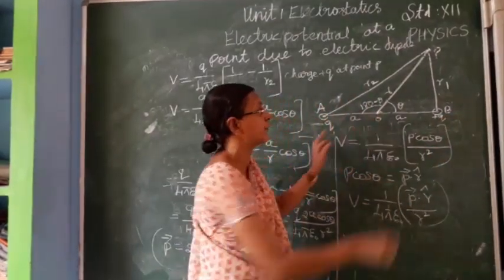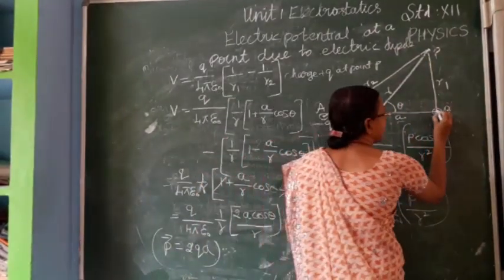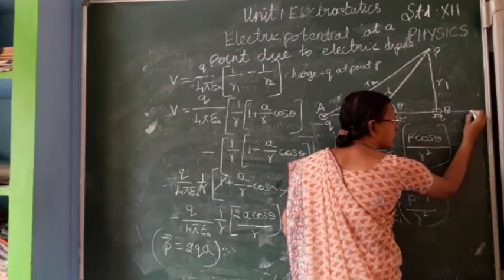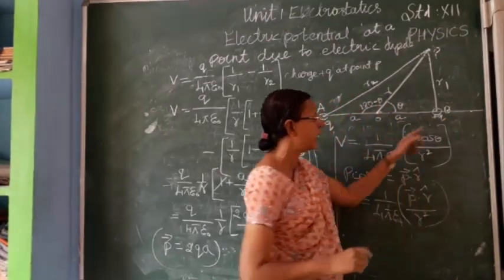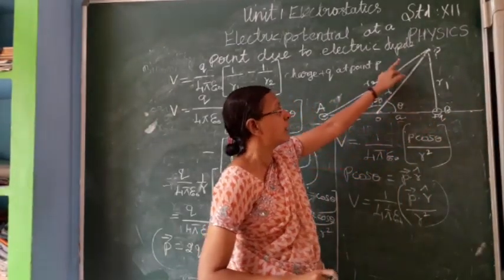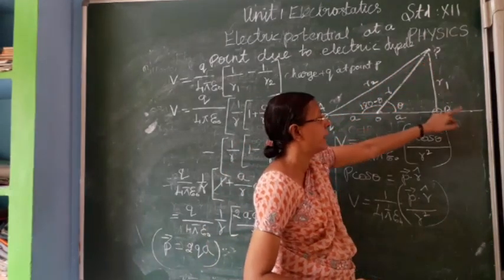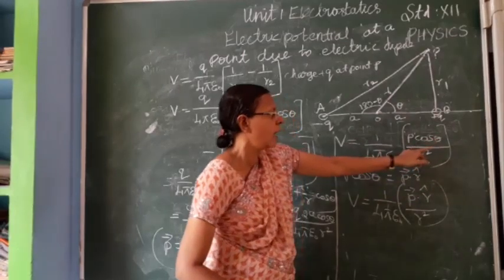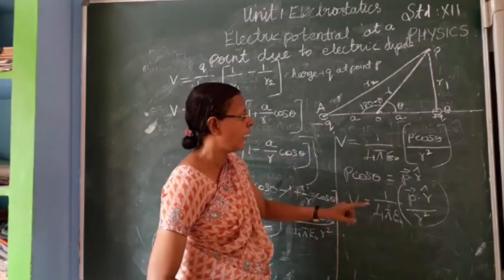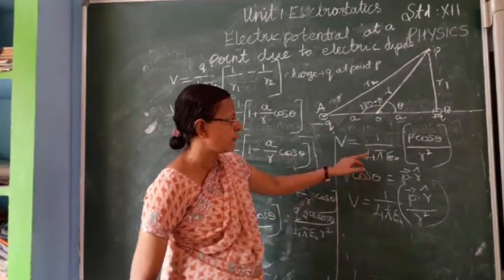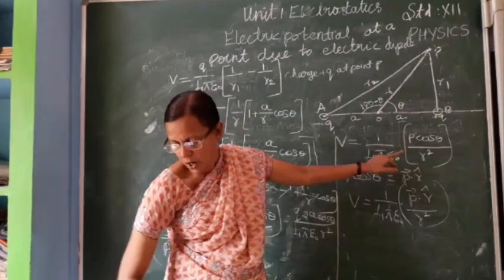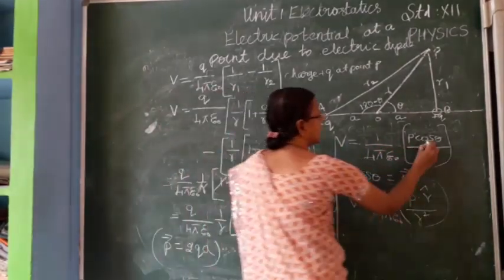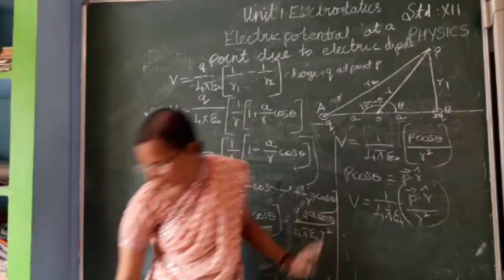The first case: if the point P is on the axial line near the side of plus q, theta will be 0. So if theta is 0, cos 0 is 1, and the value will be 1 by 4 pi epsilon 0 into p by r square.